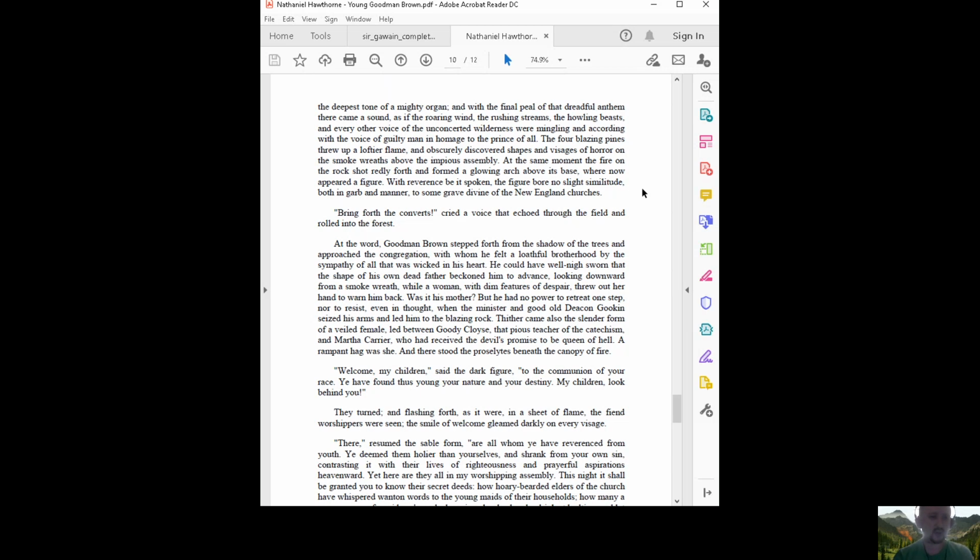The four blazing pines threw up a loftier flame and obscurely discovered shapes and visages of horror on the smoky wreaths above the impious assembly. At the same moment, the fire on the rock shot redly forth and formed a glowing arch above its base, where now appeared a figure. With reverence be it spoken, the figure bore no slight similitude, both in garb and manner, to some grave divine of the New England churches.